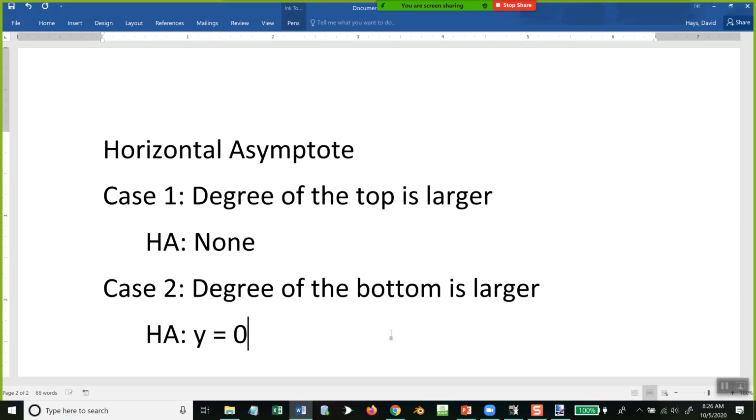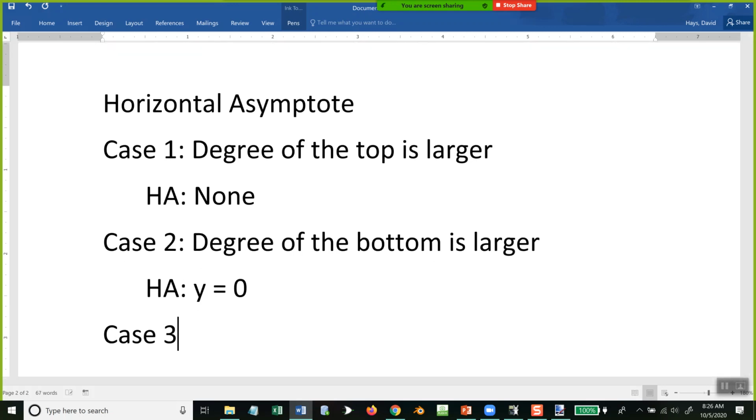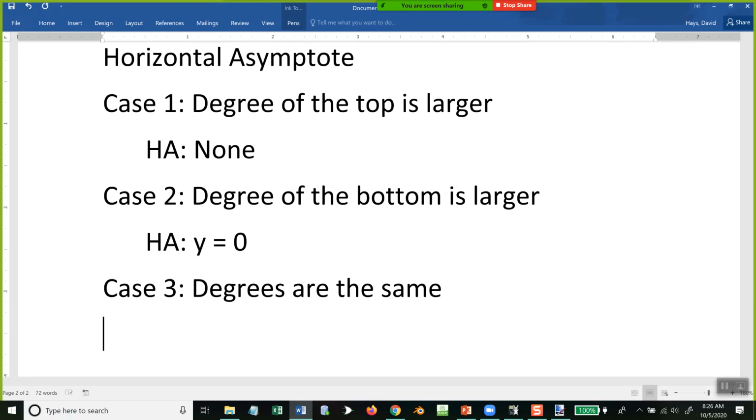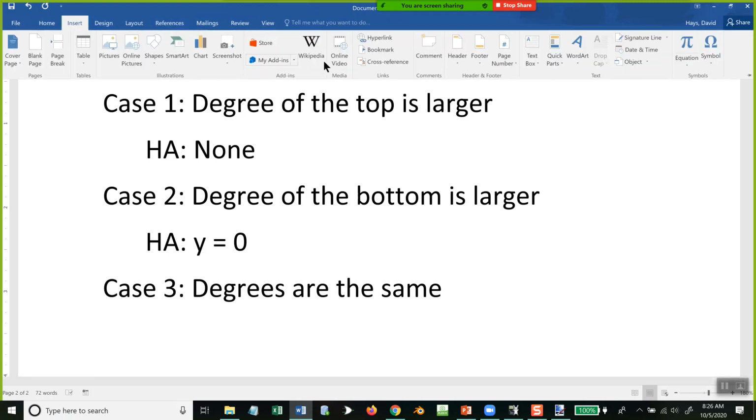Your horizontal asymptote will be y equals 0. In case 3, degrees are the same, and I like to show this with an example. Very simple idea, but if I try to put it into words and talk about leading term and leading coefficient and so forth, it just gets complicated.